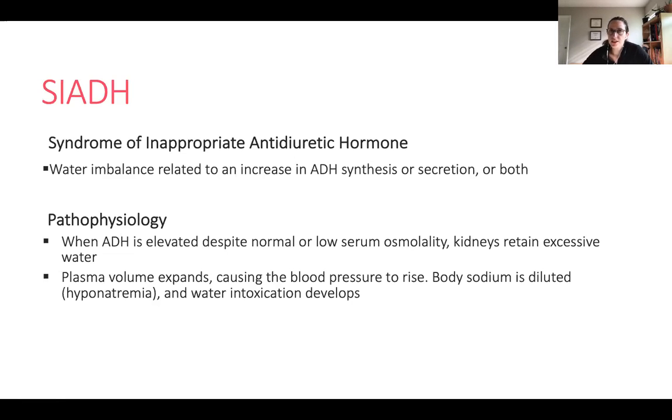So the types of cancer that can lead to this will be small cell lung cancer, duodenal cancer, and pancreatic cancer. I'm pretty sure there's not any questions on this exam about this, but you want to remember those cancers that can cause SIADH, because you might get an NCLEX question on this.